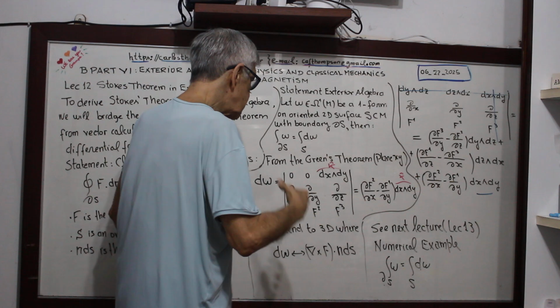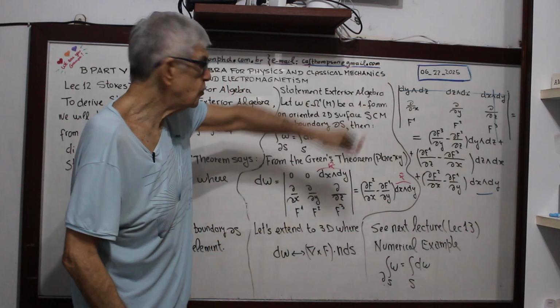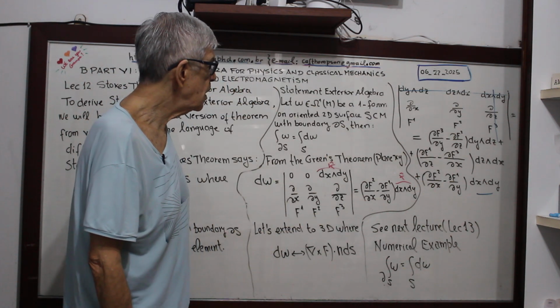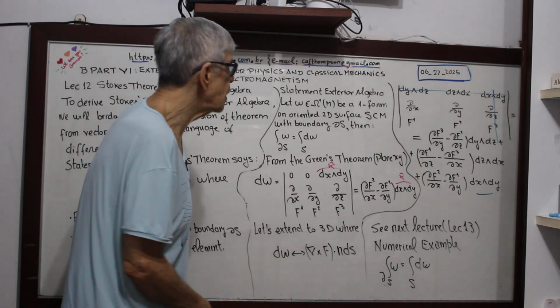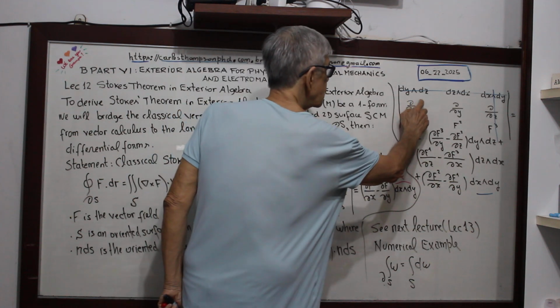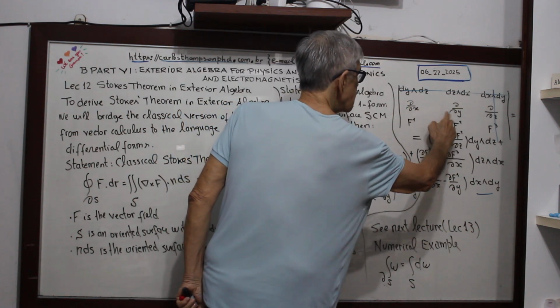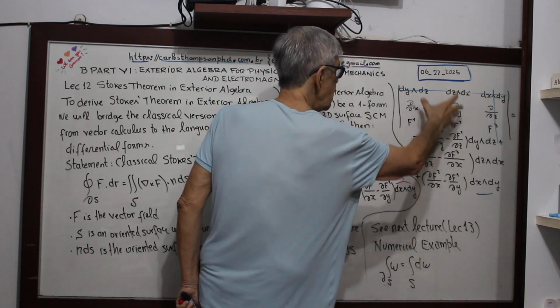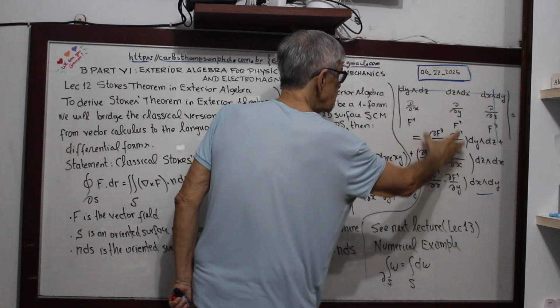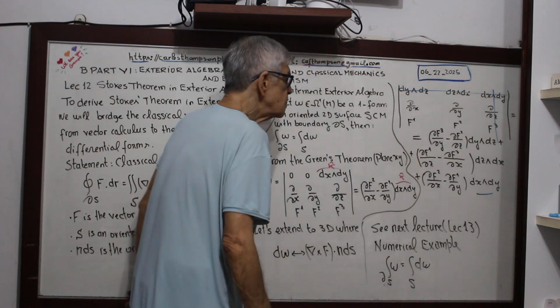Okay, so I'm extending for the 3D, three-dimensional. Then the rotational, analogously, okay? Analogously, then they derive this: partial x, partial y, partial z, f1, f2, and f3. This is a determinant, okay? Just quite easily.